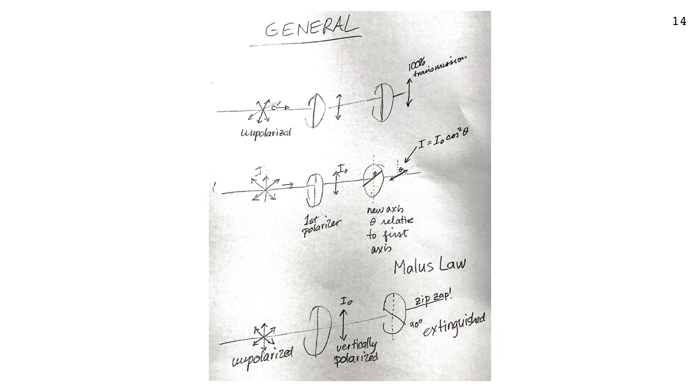And so when you have something like that, this signifies unpolarized. And in general, most incandescent lights will not have polarized light until you send it through.